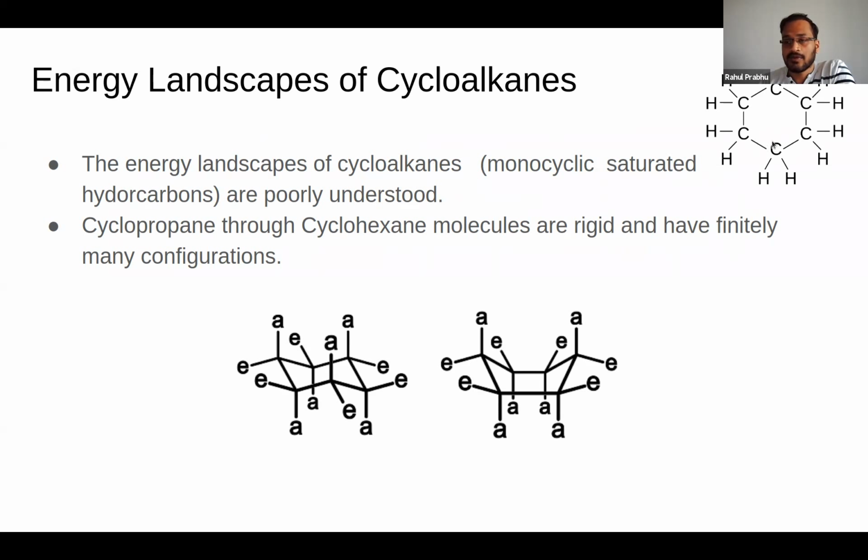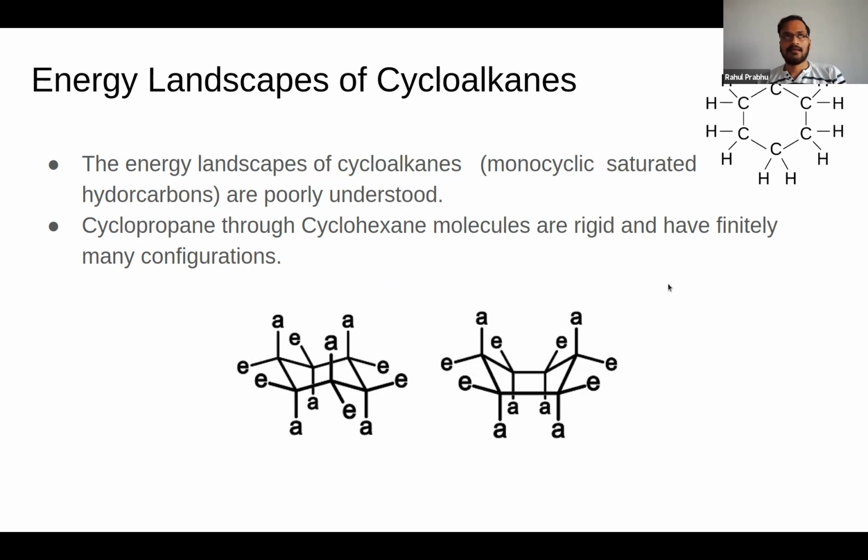When the number of carbon atoms in this ring is 6 or less, this hydrocarbon is rigid and has only finitely many configurations. For example, cyclohexane has only 2 configurations, the chair and the boat configuration as they call it.